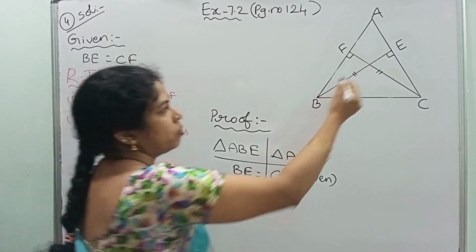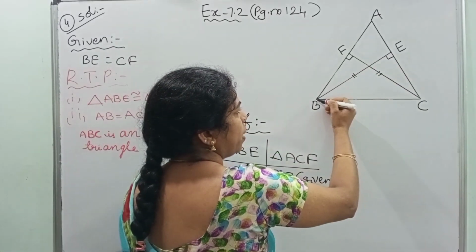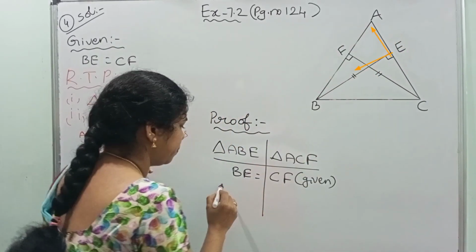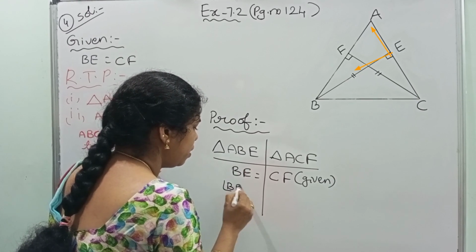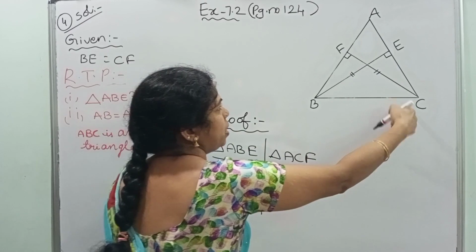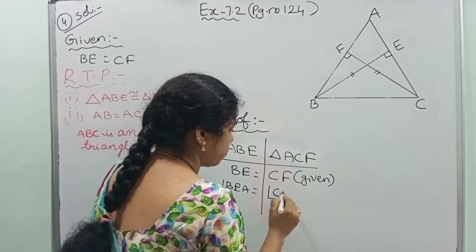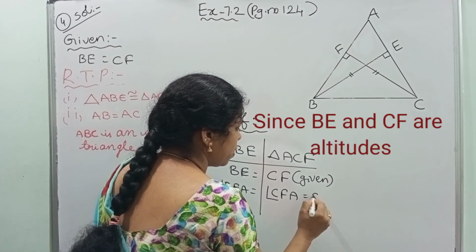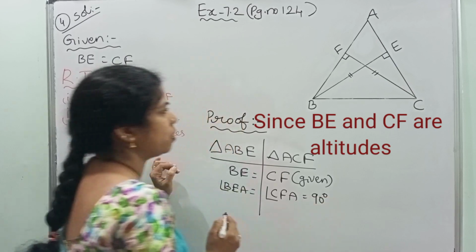And also we have angle BEA is equal to angle CFA is equal to 90 degrees.